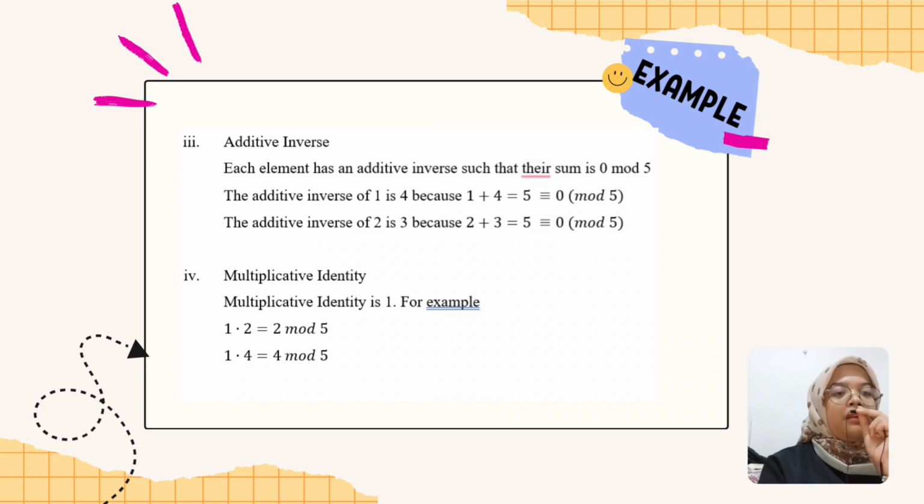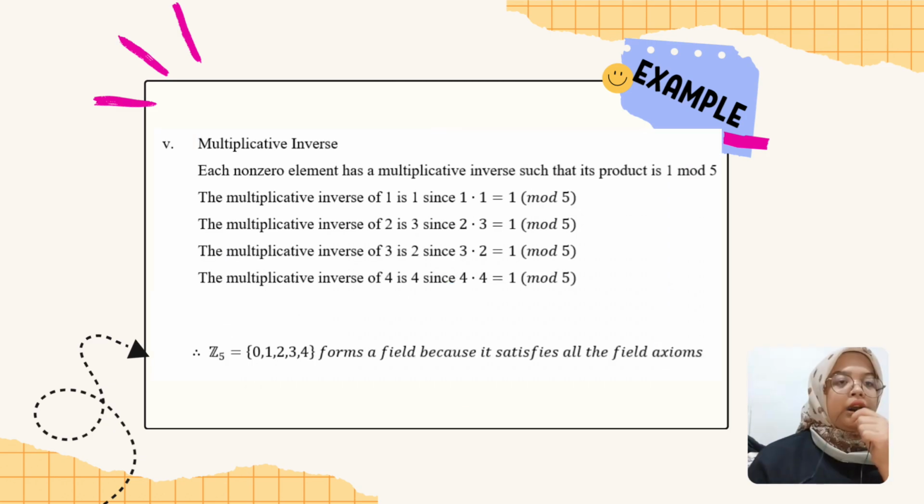Multiplicative identity. The multiplicative identity is 1. For example, 1 dot 2 equal 2 mod 5, 1 dot 4 equal to 4 mod 5. Next is multiplicative inverse. Each non-zero element has a multiplicative inverse such that its product is 1 mod 5.